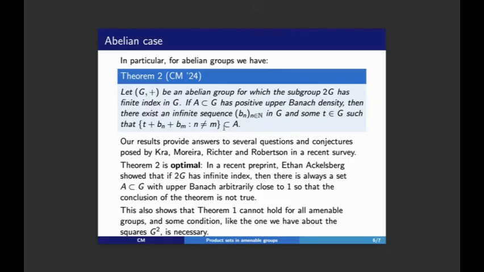Ackelsberg's example also shows that Theorem 1 cannot hold without any condition on the amenable group. So some condition like the one we pose for the squares G squared is necessary.